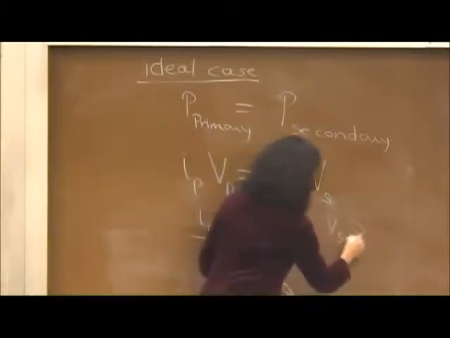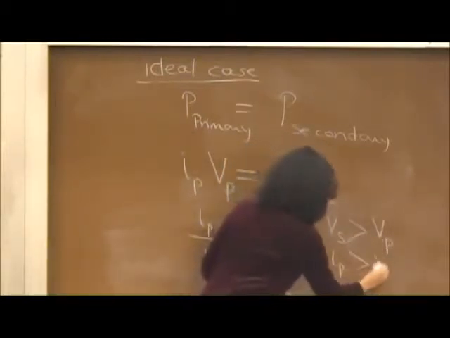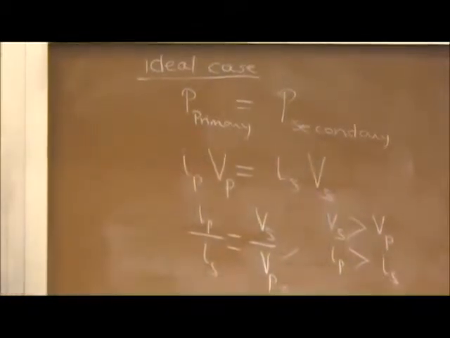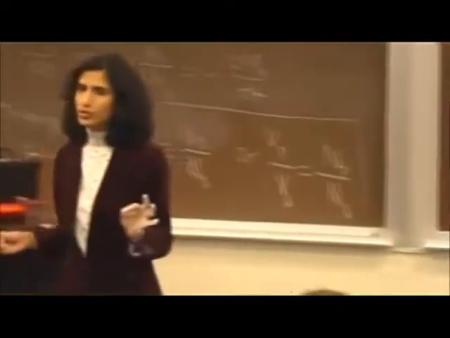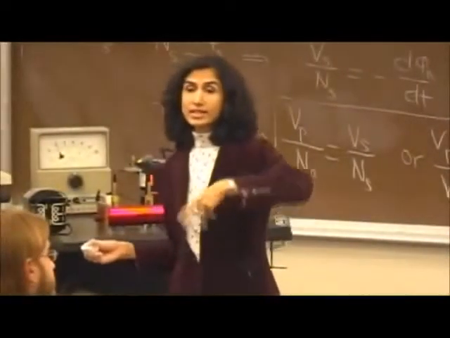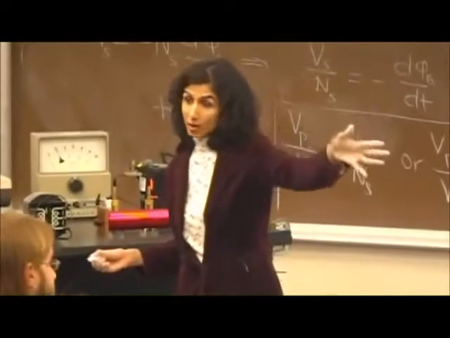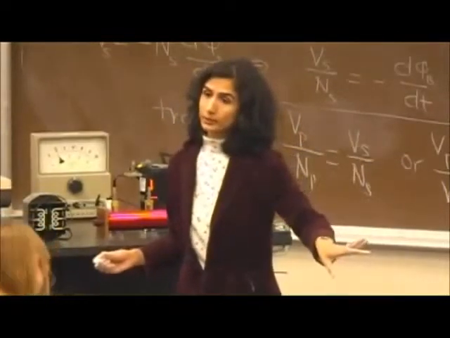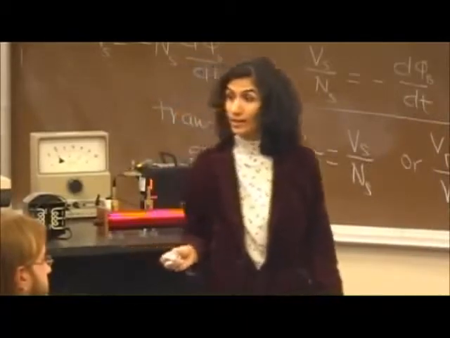So if Vs is greater than Vp, that means that Ip is greater than Is, right? But the transformer, I don't want you to get confused. So that means transformers that are step up transformers will increase the voltage in the output, but the output current will be lower because the current times voltage will be fixed.